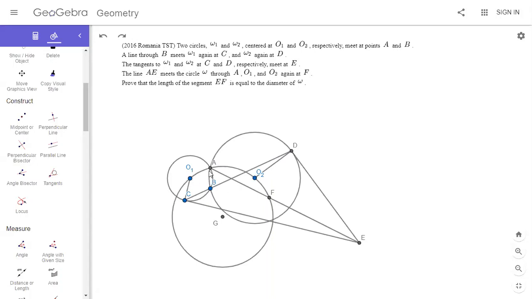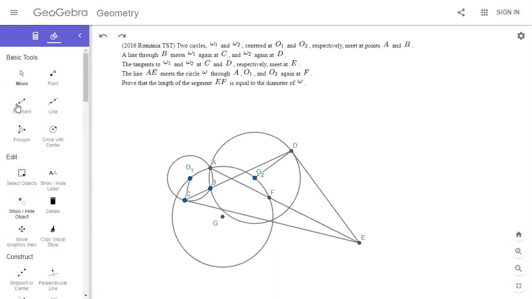So I think using an angle chase, we could show that that's true. So I'm just going to assume it's true for now. So we're assuming that triangle AO1C is similar to triangle AO2D. And then later, when I type up all the text, I'm gonna prove it. That's a good observation.